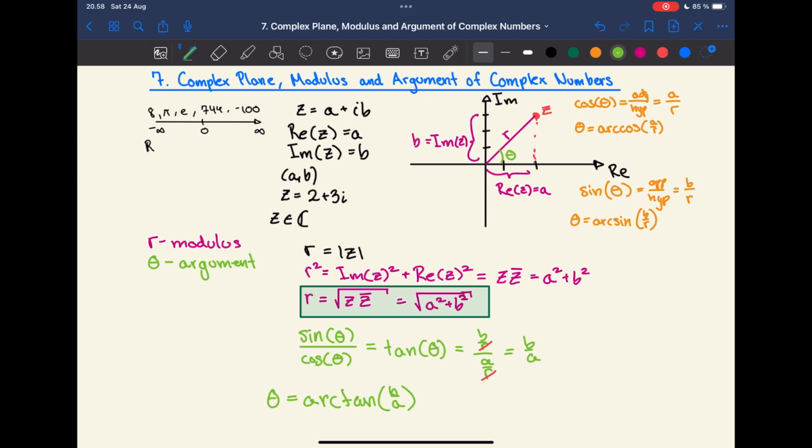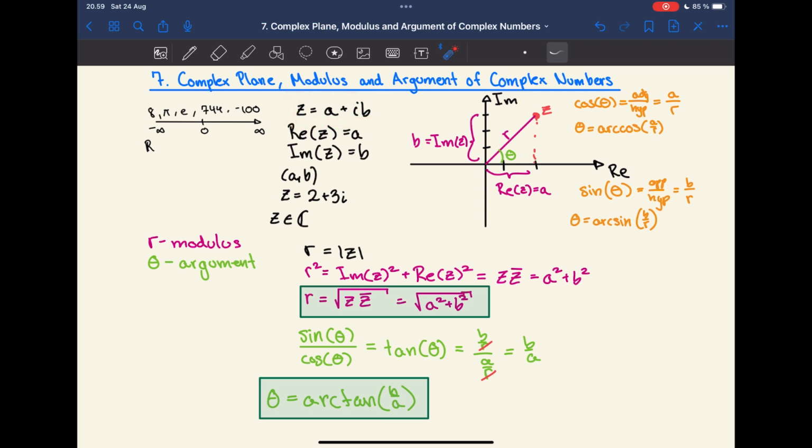Perfect. And there we have it, a way to both find the modulus and to find the argument. And all we use to find both the modulus and the argument is simply the real part and the imaginary part of our original complex number c up here.